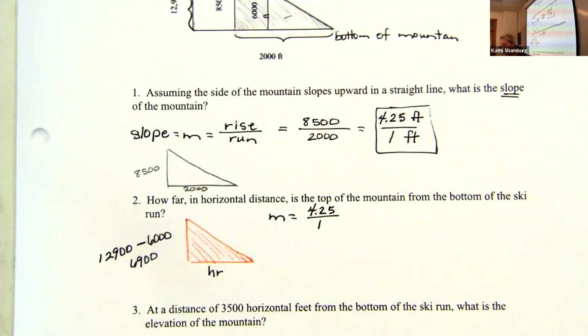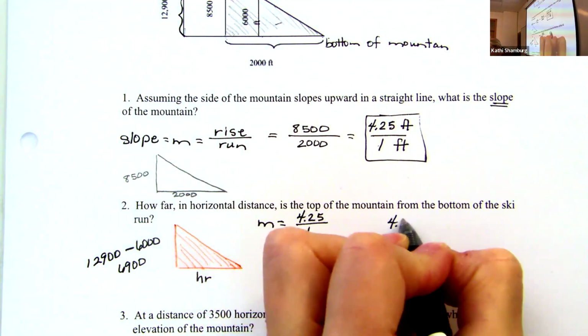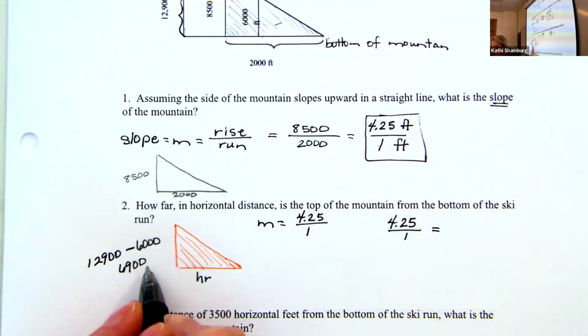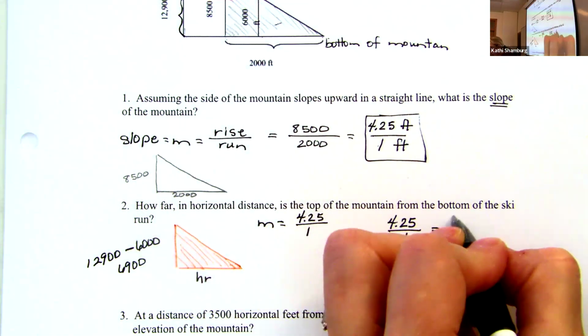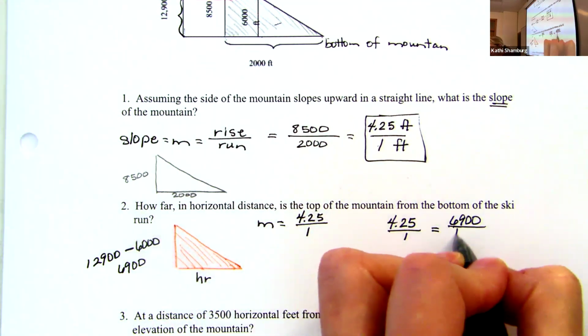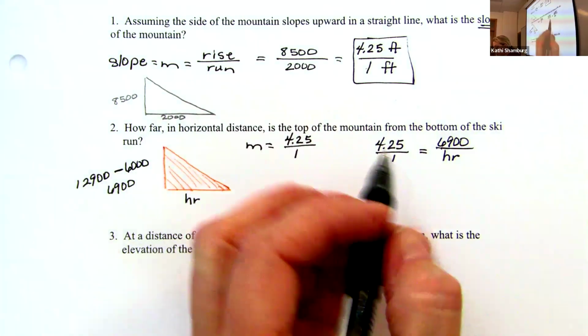All right, so now what we're gonna do is set up that equation to where we can cross multiply. So our slope is 4.25 over 1. Rise is what we just found, 6,900. Run is what we're looking for, so I'm calling it HR for horizontal run, not hours.